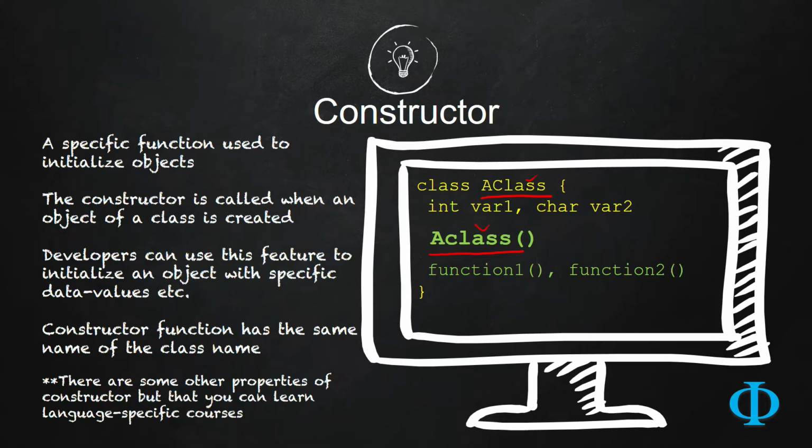Now, there are several other properties of constructor that you can learn during the language specific courses, but this is just to give you the idea that it is possible to track down that time when the object is being first created, and not only tracking down but also write your own code during that time, or execute your own work during that time.